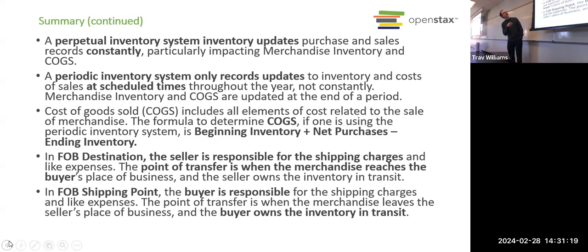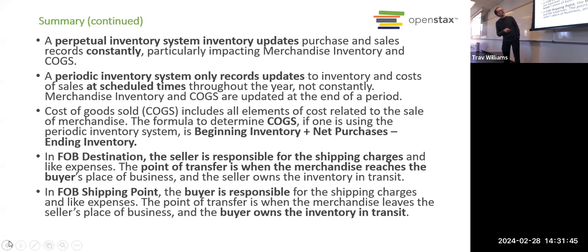All right, we know the difference between perpetual inventory, where you're constantly tracking the cost of your inventory and how much inventory you have, as opposed to periodic, where you do that at the end of the period. We know the formula to calculate cost of goods sold. If you're using the periodic method, you take your beginning inventory, add your net purchases, subtract your ending inventory.